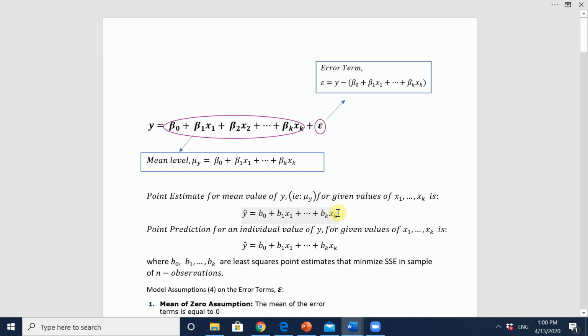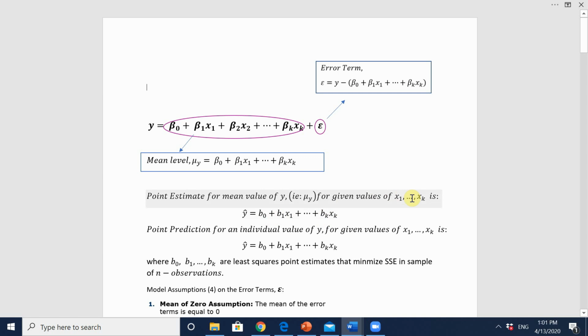So that is a point estimate for the mean value of y when we use the least squares method to come up with these point estimates for regression parameters. In other words, y hat is a point estimate for mu of y for a given set of x1 to xk values.